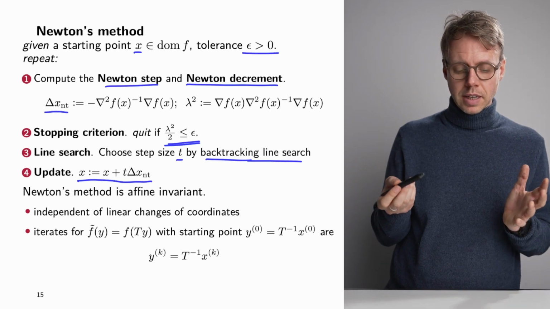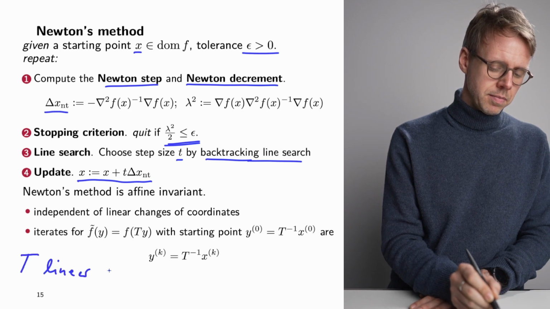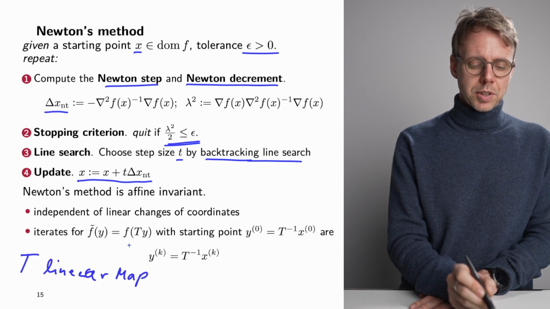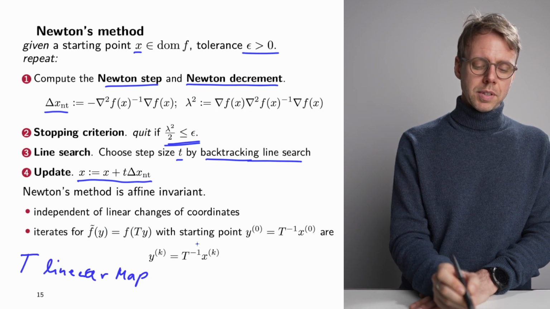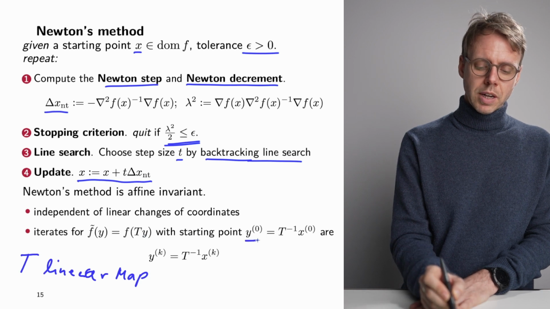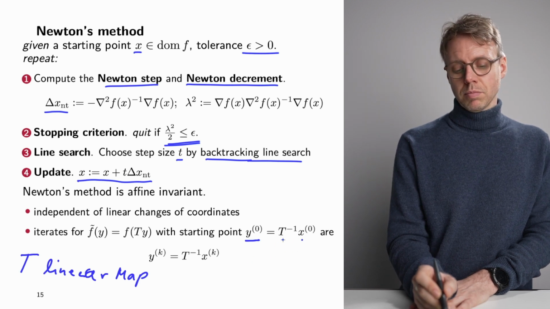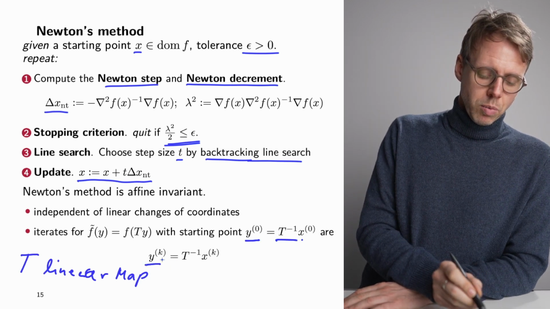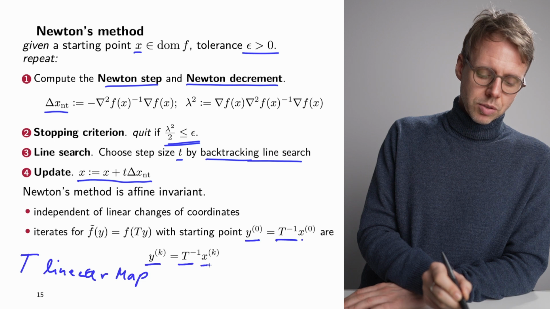So if you have a linear map T, then the iterates for f tilde of y equals f of T times y, with a starting point y0, where y0 equals x0 multiplied by the inverse of our linear map T, yk, which equals, again, T inverse times xk.